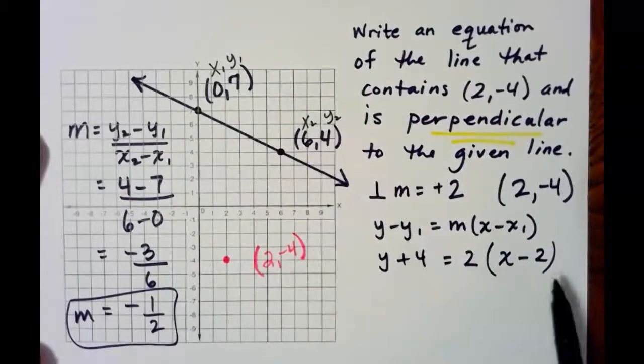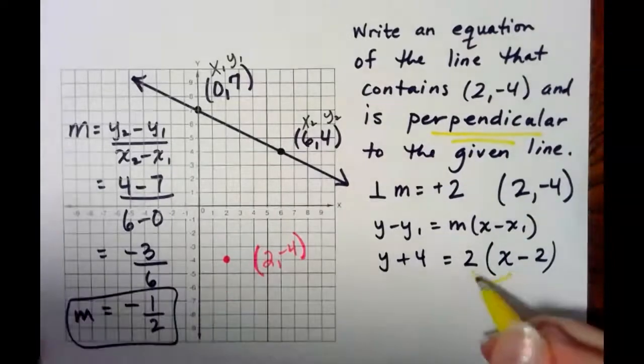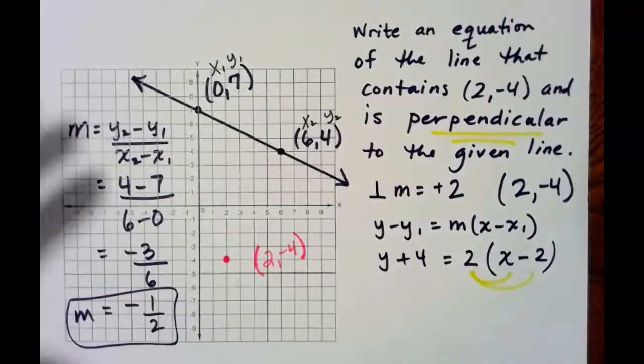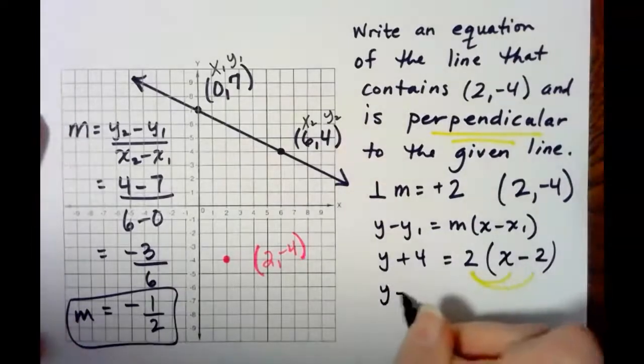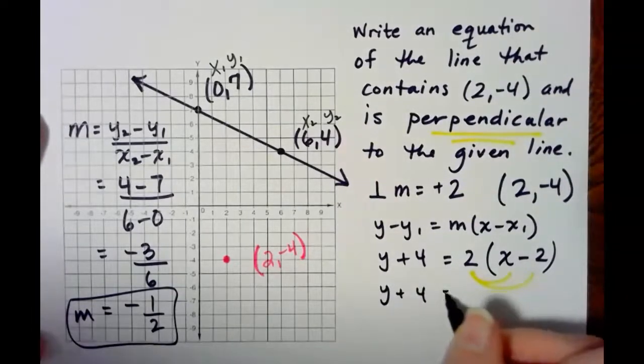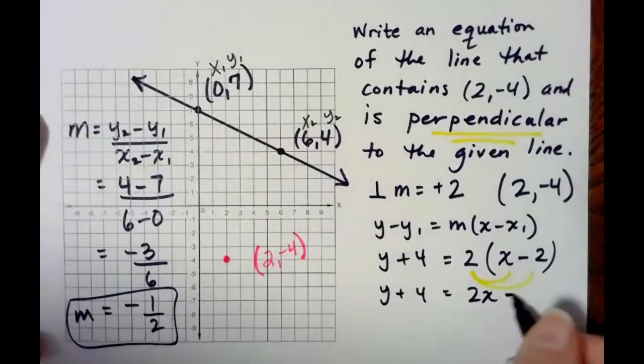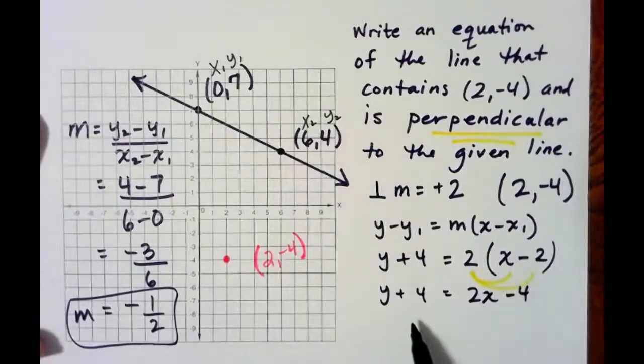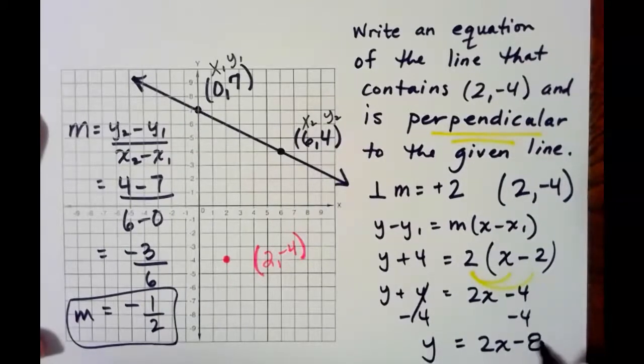So here's our new line in point-slope form. We're going to use the distributive property and solve for y. So y plus 4 equals 2x minus 4. The last step to solve for y is to subtract 4 from both sides. y equals 2x minus 8. Our new line is y equals 2x minus 8.